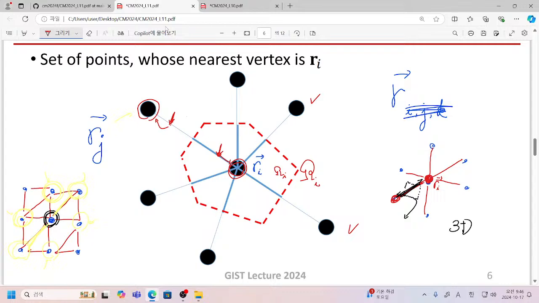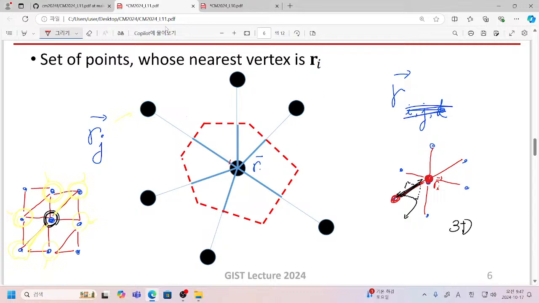Then we will have three distances, and the shortest distance determines which vertex point we should assign this test point to. So simply speaking, this is a distance based approach.